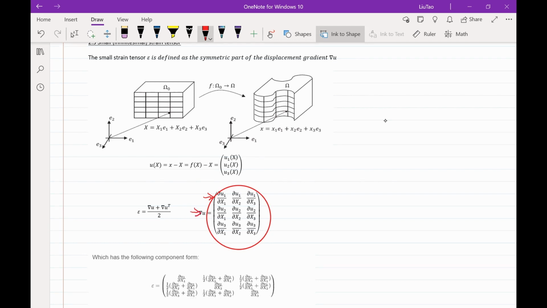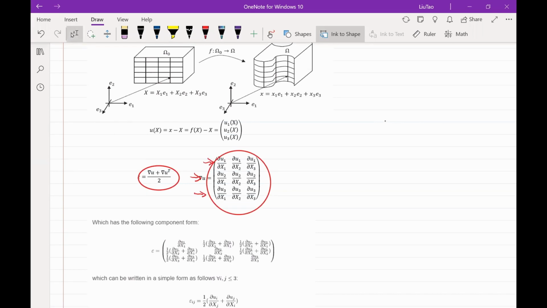The second row is partial u2 with respect to x1, x2, x3. And the third row is partial u3 with respect to x1, x2, and x3. And then our small strain tensor is defined by del u plus del u transpose, divided by 2.